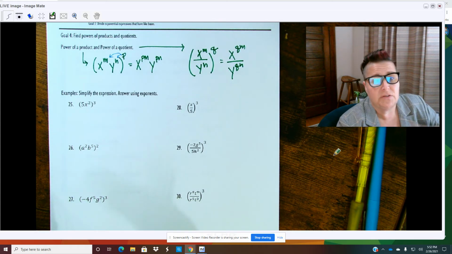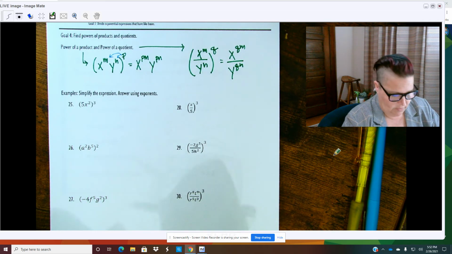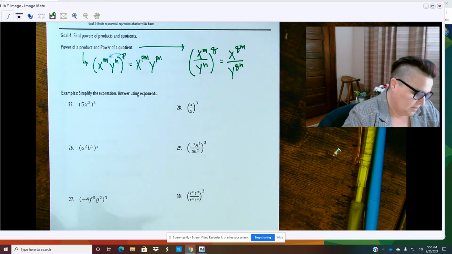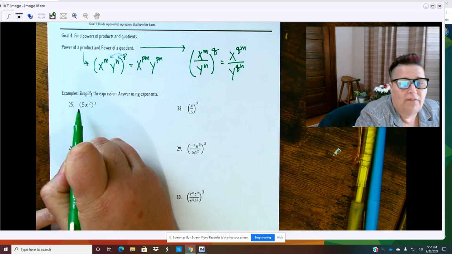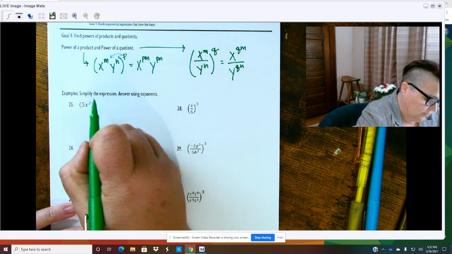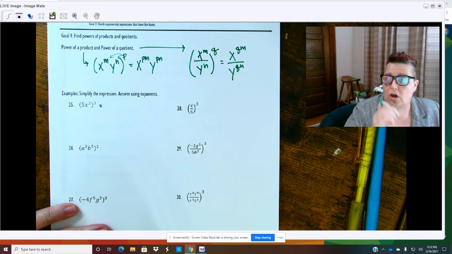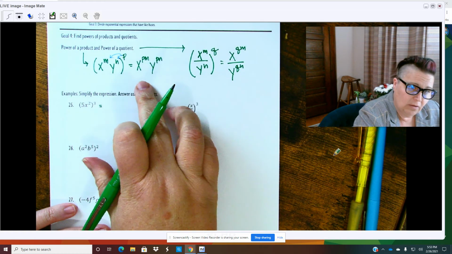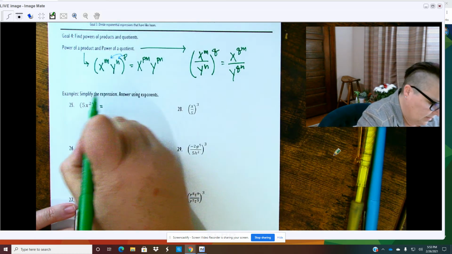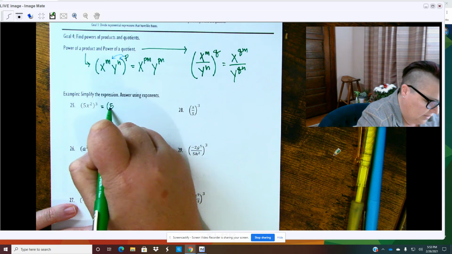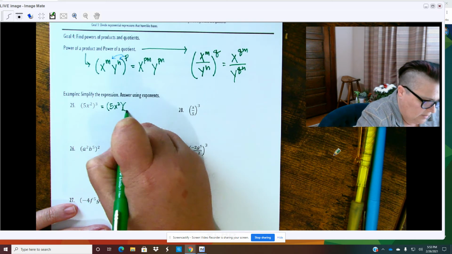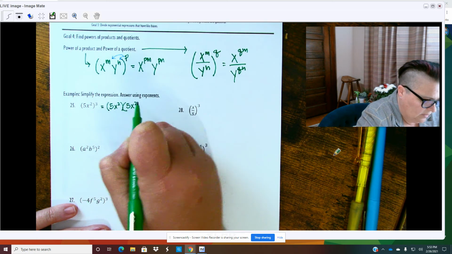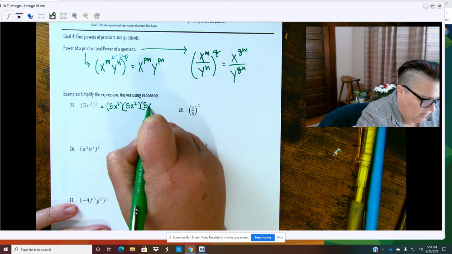All right, so how does this work out with numbers? All right, number 25, we have 5x squared to the third. If I'm going to do this the long way, I'm not going to use this rule right now. I'm going to go the long way. That's going to give me 5x squared times 5x squared times 5x squared.